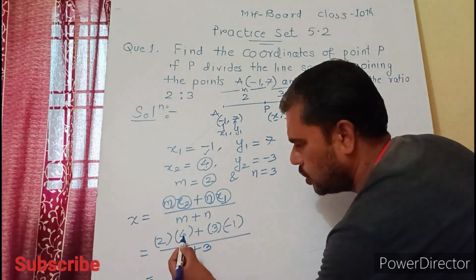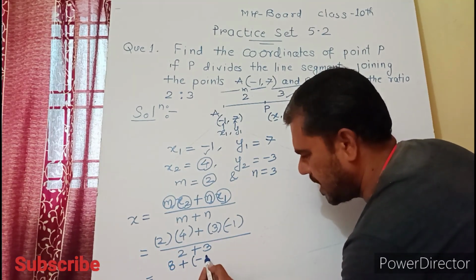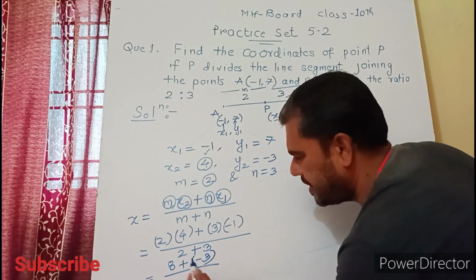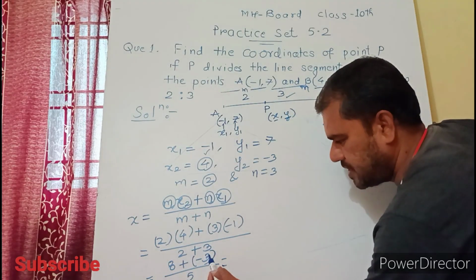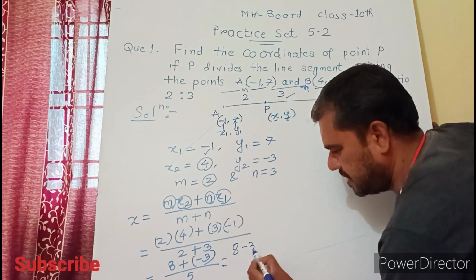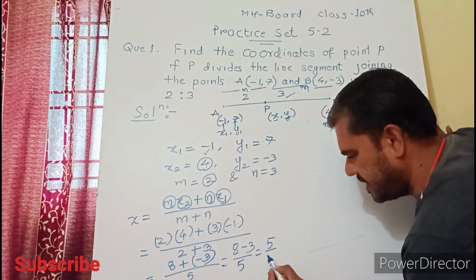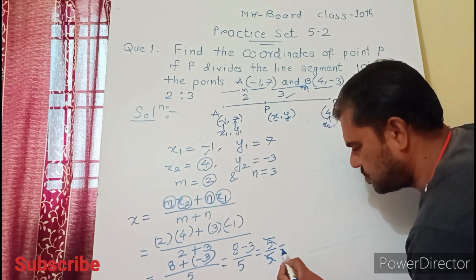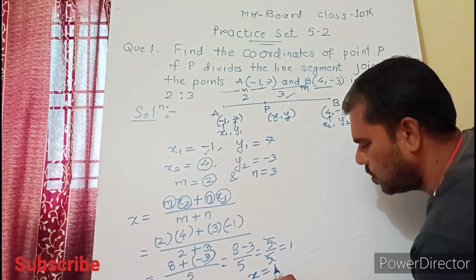Now it will be 4 into 2, that is 8, plus 3 into -1, that is -3, divided by 2 plus 3, that is 5. That is 8 minus 3, which is 5, divided by 5, that equals 1. We get the value of x equals 1.